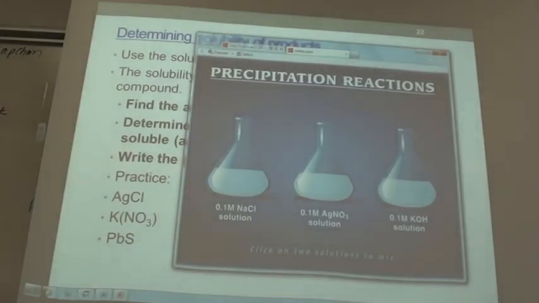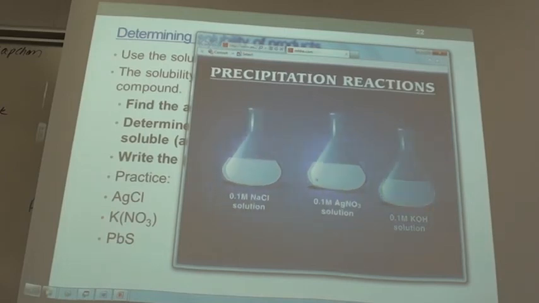All right, I have three compounds. All of these are aqueous when they start out. How can I tell they're aqueous? Because they're solutions. All right, I have sodium chloride, silver nitrate, and potassium hydroxide. I am going to make a double replacement reaction by mixing them together. I'm going to start with sodium chloride and silver nitrate.